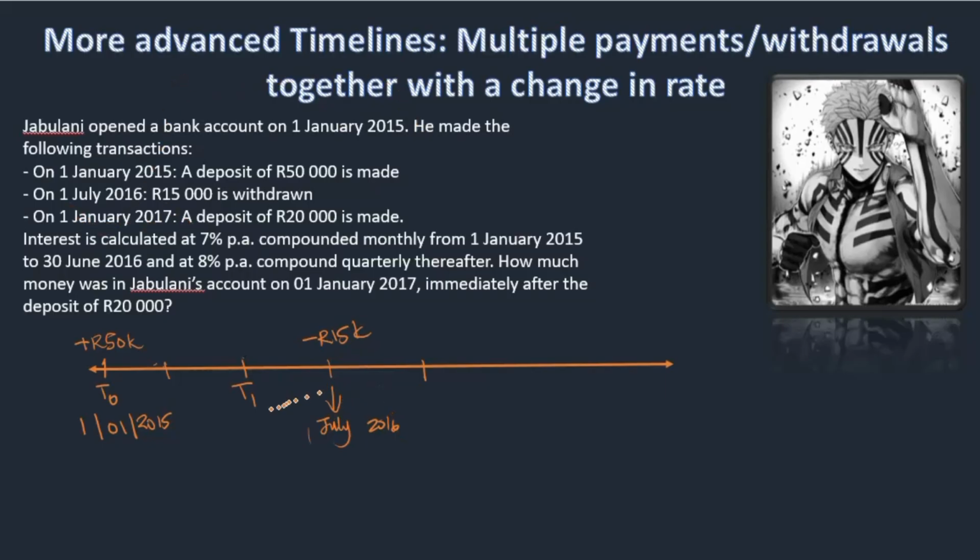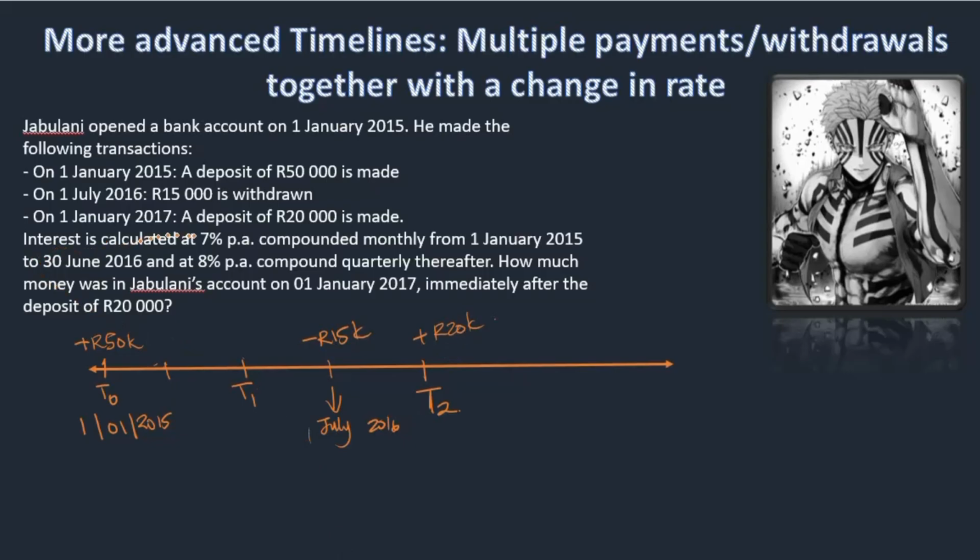So this is July 2016. This is January here, end of year number 2. On January 2017, there's another deposit being made of 20k. So this is a plus, right?